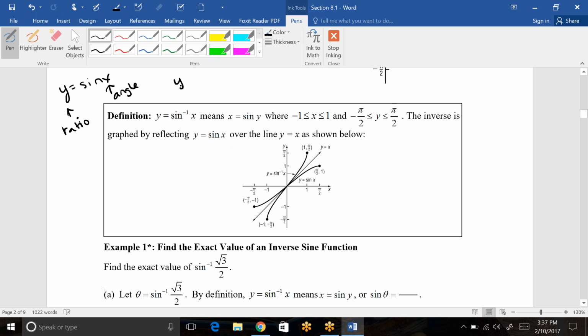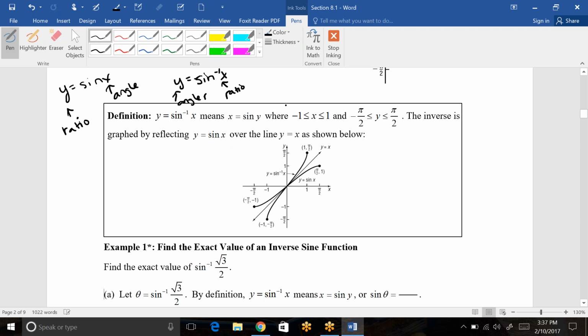When you write this as y equals the inverse, the reason they show you this here is they're showing you x and y has really been swapped. So now the angle is the answer, and the ratio is inside the argument. So that gets swapped because it's like the domain and the range have been swapped.